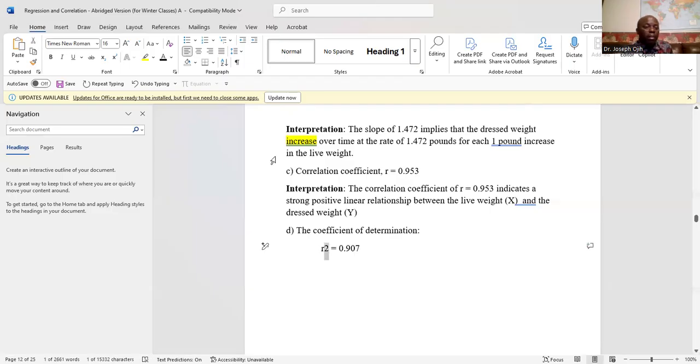I'm going to edit this, make it R squared. Make it a little bit bigger. So that's what it is.